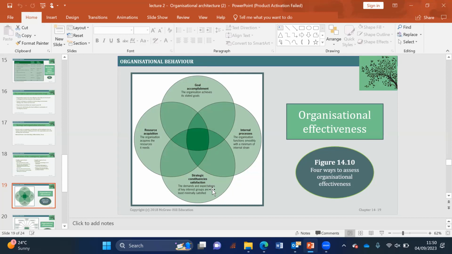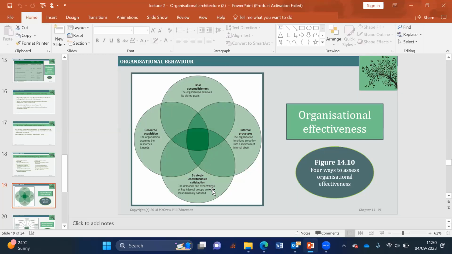Goal accomplishment simply means, is the organization able to accomplish the goals that it had or not? Then internal processes is, for example, punctuality, clocking in or out, or getting days off, or reporting to your manager. The internal processes in the company, how smooth are they?